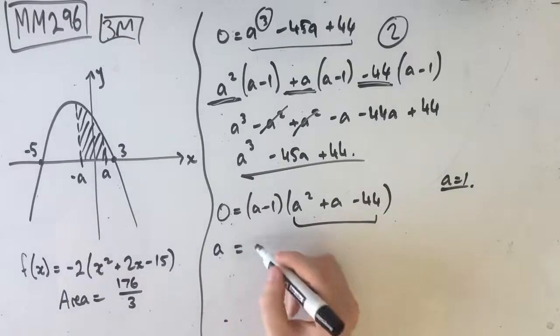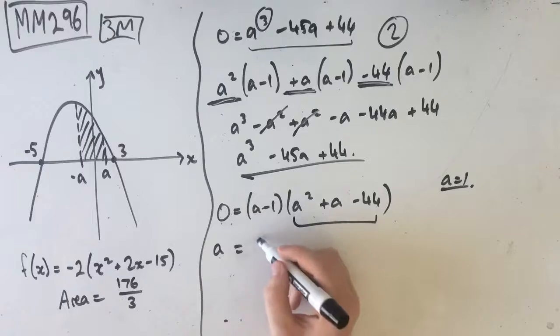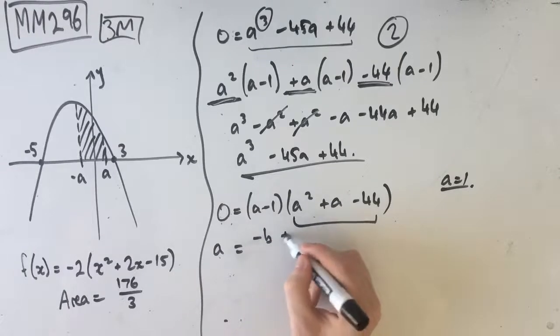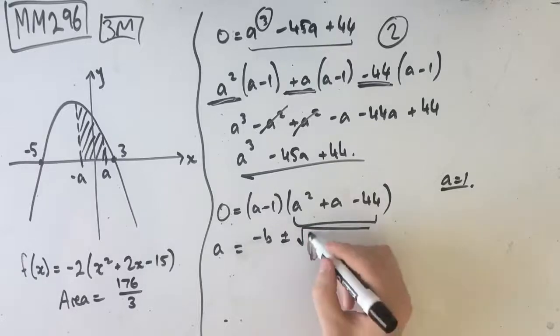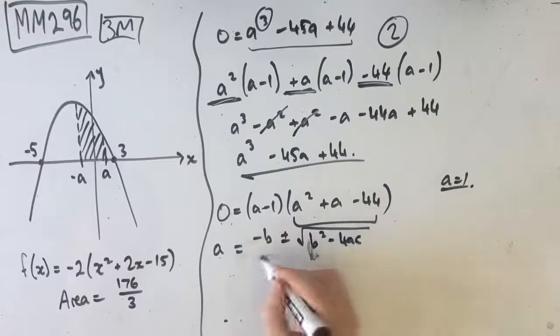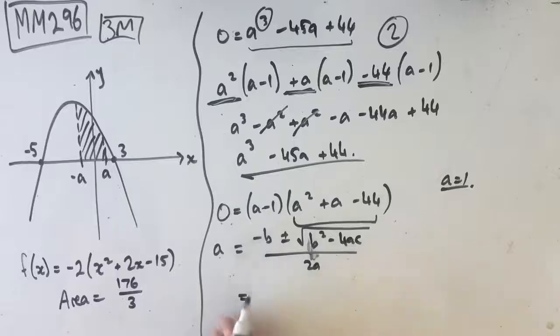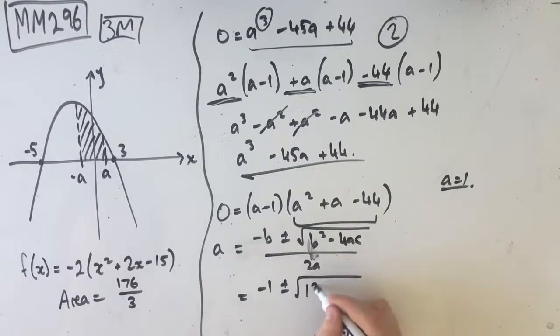So we can say that a is equal to negative b plus minus square root of b squared minus 4ac over 2a, which means that we get -1 plus minus square root of 1 squared minus 4 times 1 times negative 44 over 2 times 1.